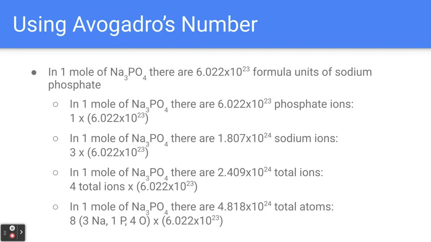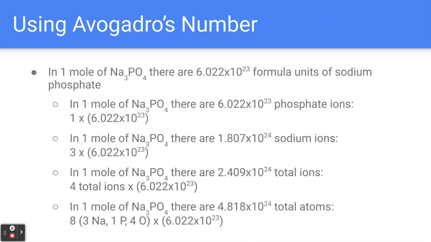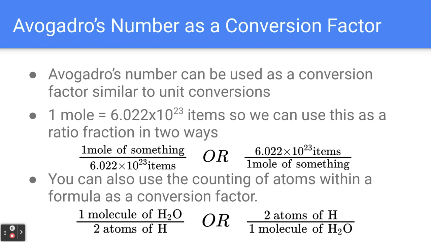If you think about this oxygen example on the last slide, there are 2 oxygen atoms within a molecule. So Avogadro's number is a conversion factor. We can use this one of 2 ways. If we want to say that we are dealing with a mole, 1 mole of something is always 6.022 times 10 to the 23rd items.